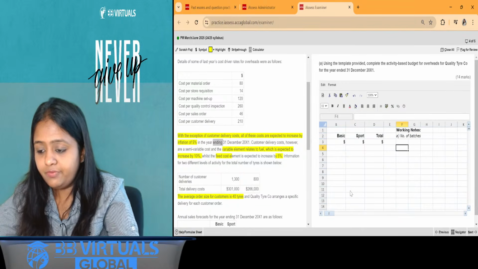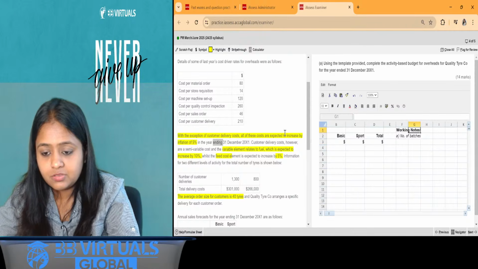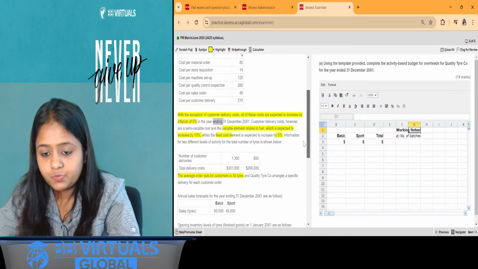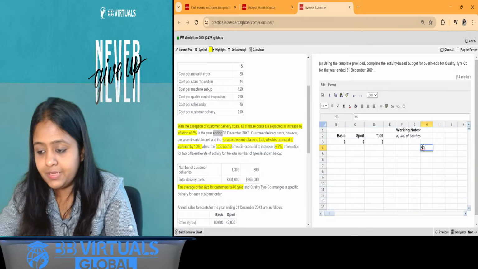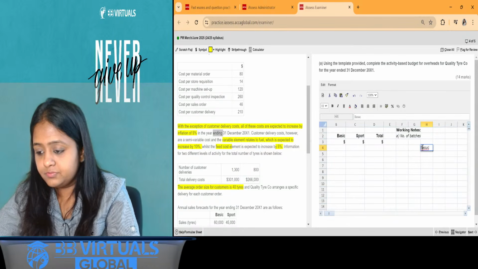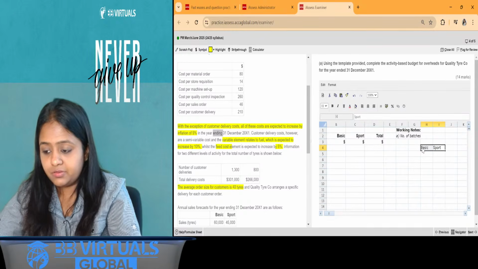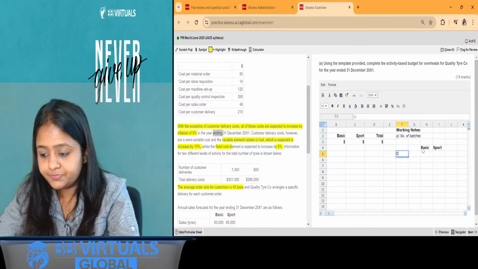Okay. So what I will do, I will write here the two sizes, basic and sport. Wherever you are stuck, you can ask me. Okay. Now here we have opening stock.